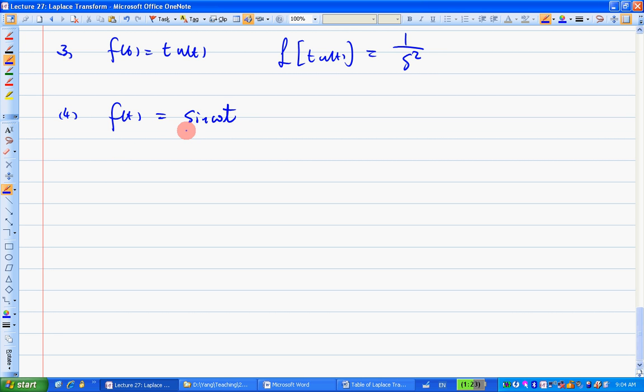Before we take a look at the Laplace transform of this one, if you recall, when we have e to the power j omega t, according to Euler's formula, this is cosine omega t plus j sine omega t, right? So then, if I take the Laplace transform of e to the power j omega t, what will be the corresponding Laplace transform?